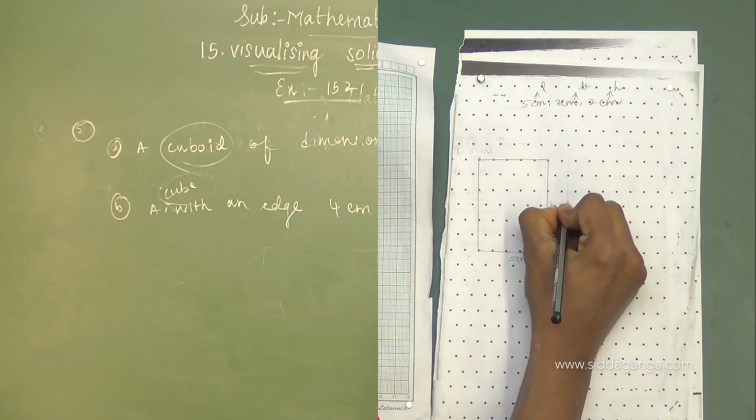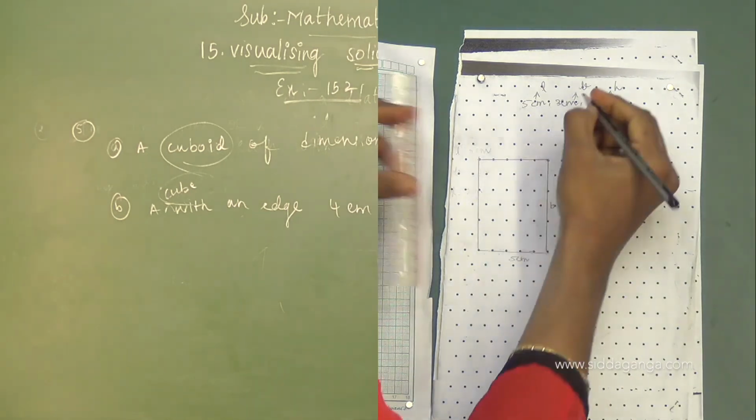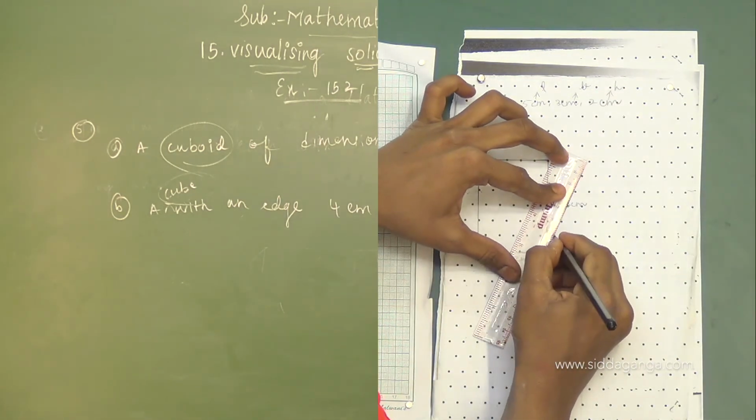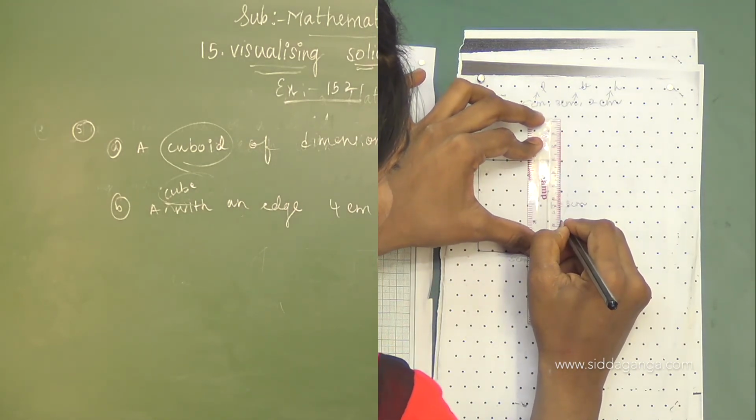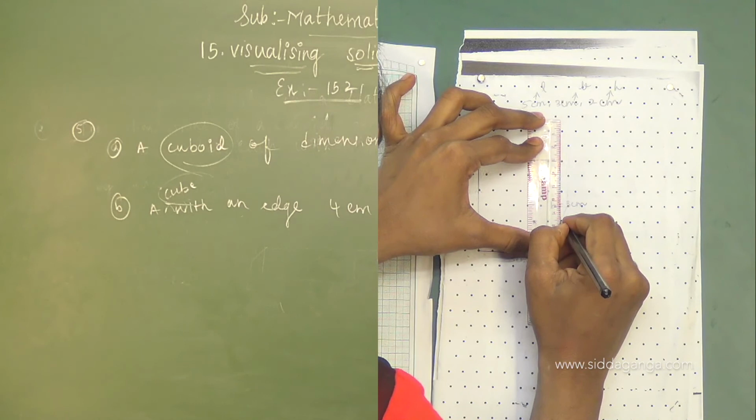Breadth is 3 centimeters and height is 2 centimeters. 1, 2. Correct? Breadth we have to take now.